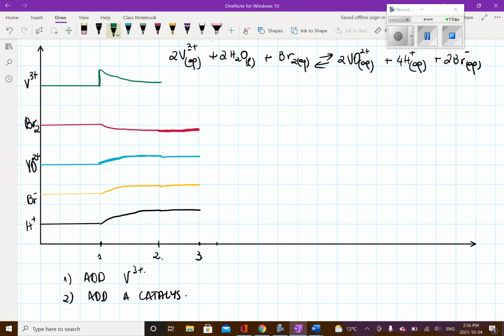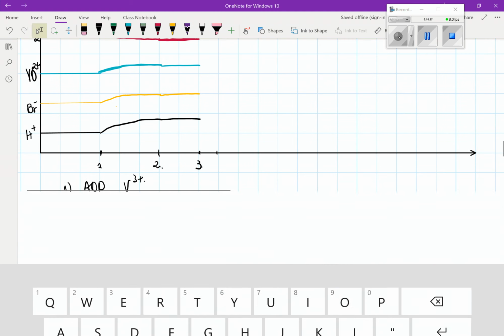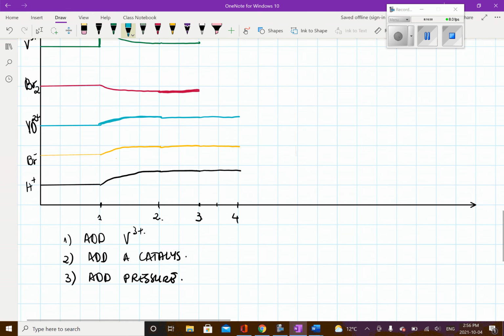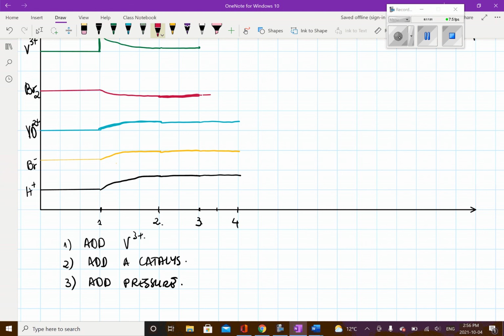And the third change that we are introducing, the third stress, is pressure. And as we said, there is no change on it as well. So at the equilibrium, of course, the equilibrium constant will be the same, but no changes will be introduced to the coefficients or to the concentrations of the solution.